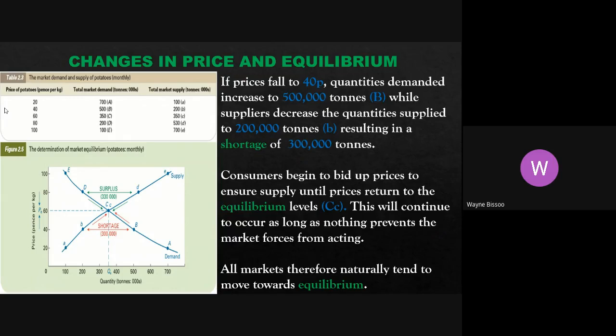Does that make sense, guys? That's to ensure that the consumer gets the quantity they want. They will go to the supplier and say, if you give me more, I'll give you more money for it.